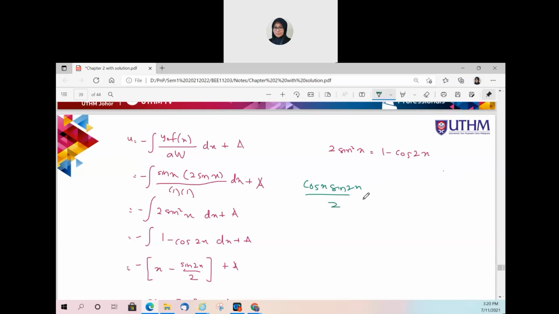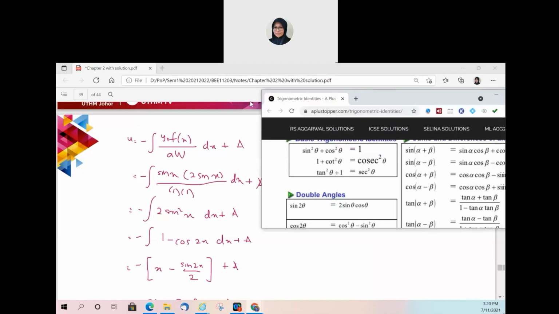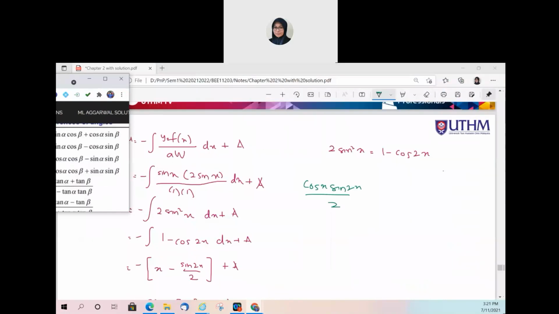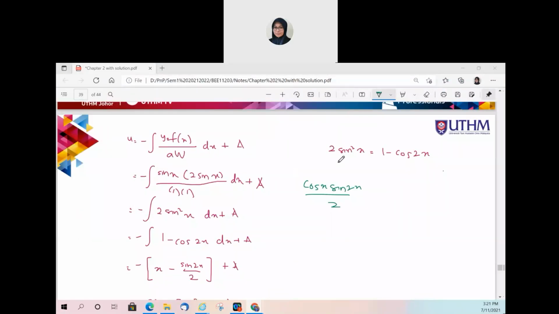Sin 2x equals 2 sin x cos x. So you substitute this into the earlier equation. So we have sin 2x equals 2 sin x cos x.